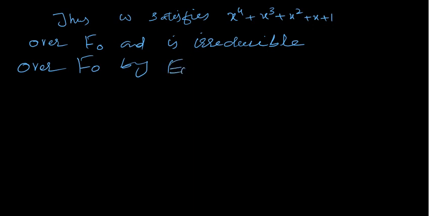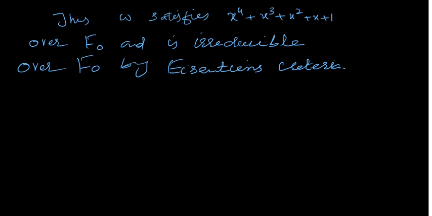If you have done Eisenstein's criteria, this polynomial is irreducible. Okay, so you take this, take some value, like f of x equal to this polynomial x4 plus x cube plus x square plus x plus 1, then you will write f of x plus 2, because we know that f of x is irreducible if and only if f of x plus 2 is irreducible.